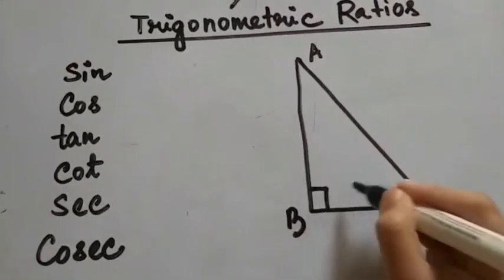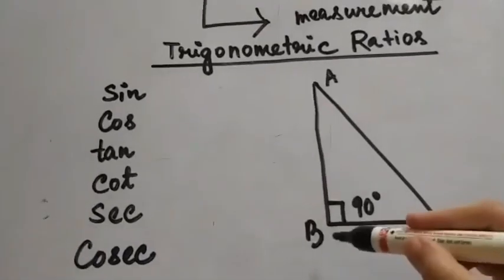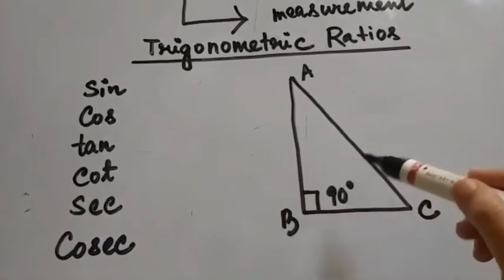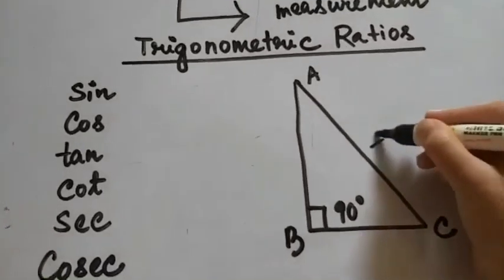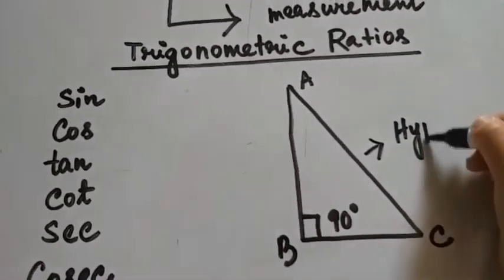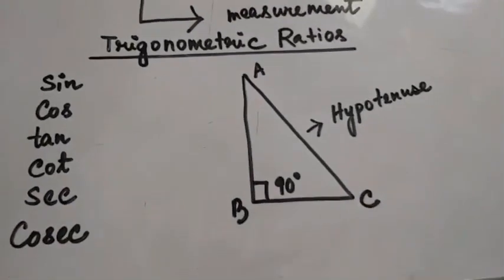Now angle B is 90 degrees. It's a right angle triangle. And the opposite side of this 90 degree angle is called hypotenuse. Hypotenuse is the longest side of a right angle triangle.